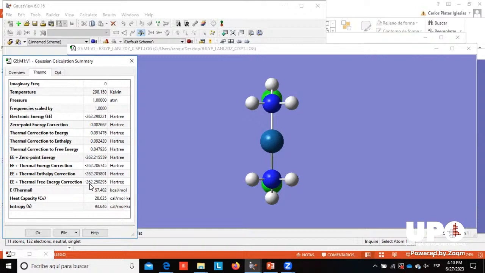You need to open the log file, not the CHK. If you selected frequency, it should be there. If you didn't run the frequency, then it's not. You got it? Thermal plus thermal free energy correction, right? Yes. The last one. So 2 and then after the point 75054. Okay. So 0.27 trans, sorry.